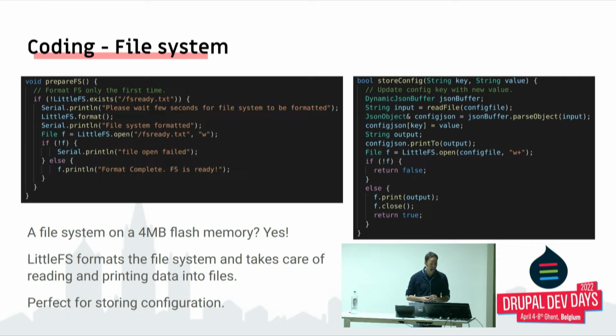It pretty much reads the file and prints your arguments, your parameters of the function, into that file. It's perfect for storing configuration, and as I mentioned before, it's 4 megabytes, but it really depends on the device. So our device has 4 megabytes, but you can also connect SD cards with modules and so on.